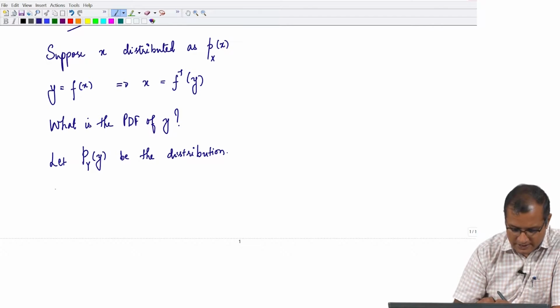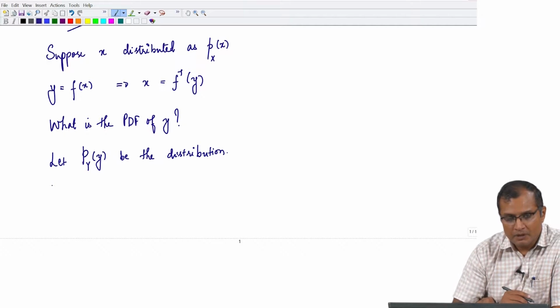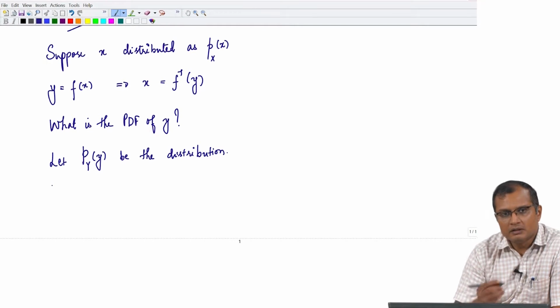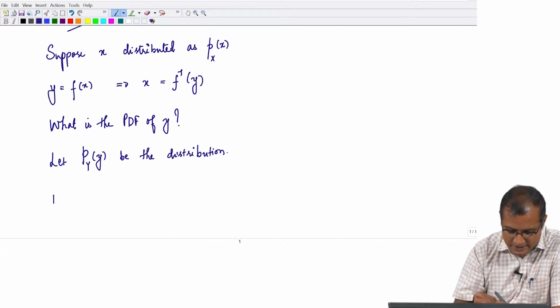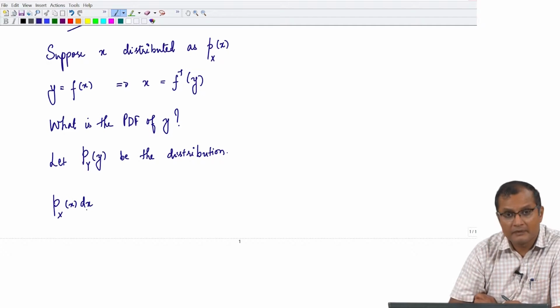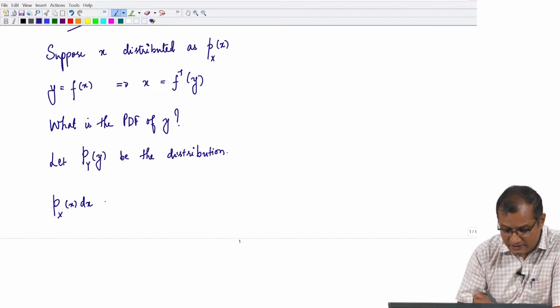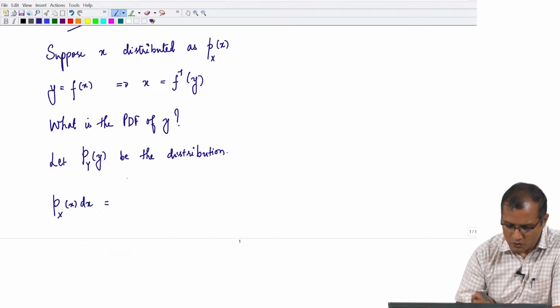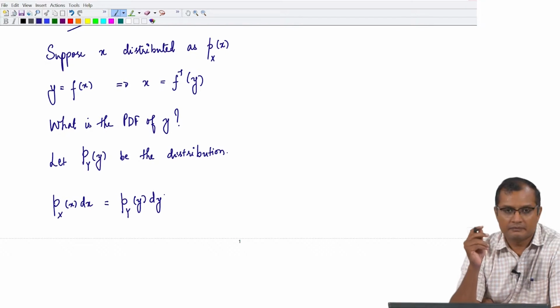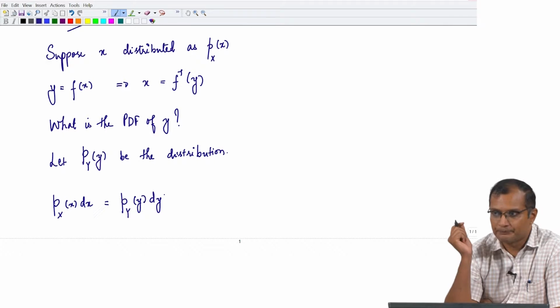So, I can simply say that the probability to find a random variable in the vicinity of x is given by p of x dx, and since for each x there is a unique mapping, this should be the same as the probability to find the random variable y in the region y and y plus dy.